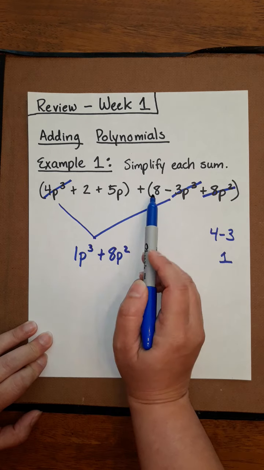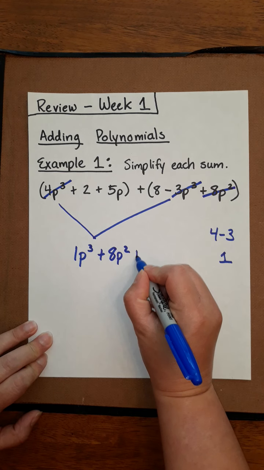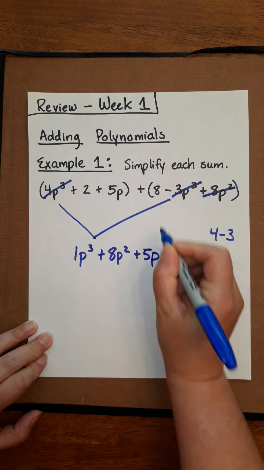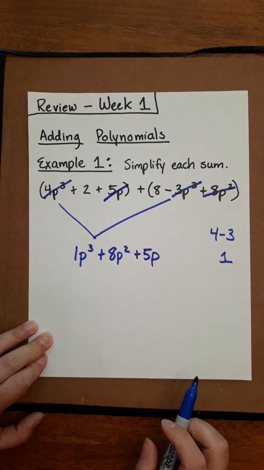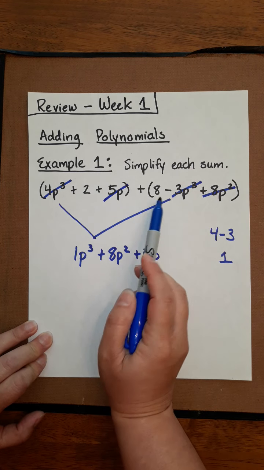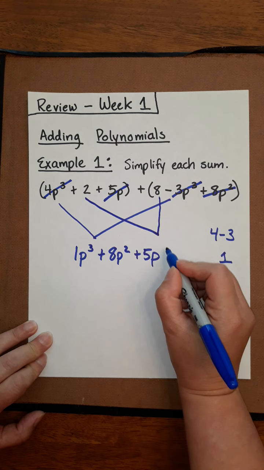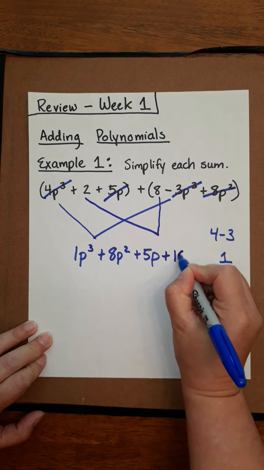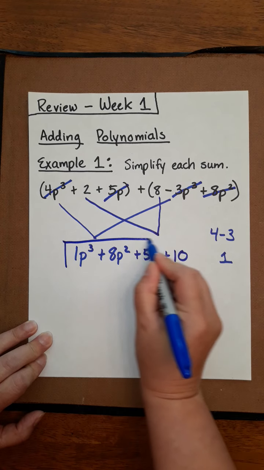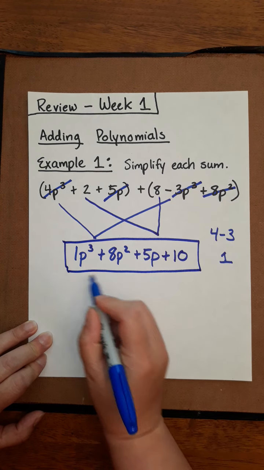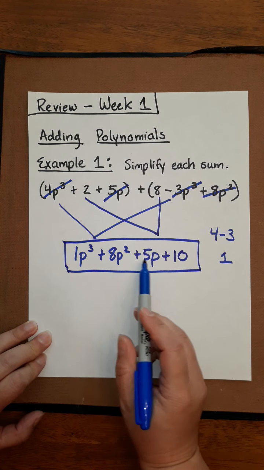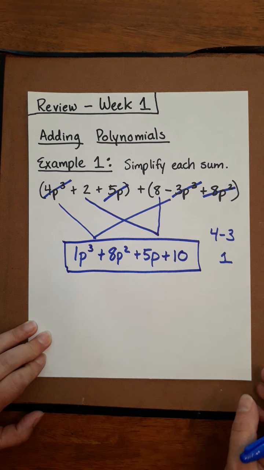I have a 2 and an 8, neither of which have a p, so again, we're going to bring that down. No like terms to combine it with. And lastly, we're going to take our 2 and our 8 and combine them. 2 plus 8 gives us 10. So our final answer is p^3 plus 8p^2 plus 5p plus 10.